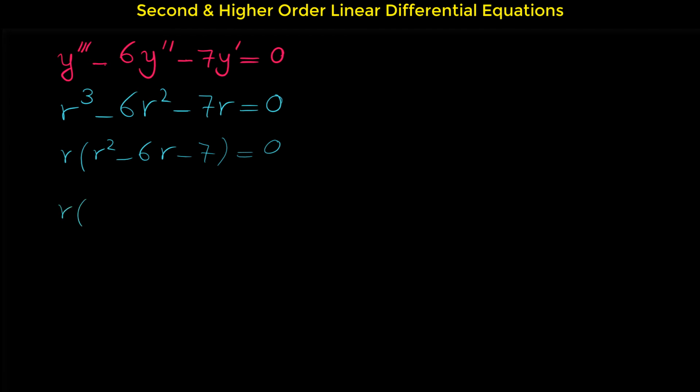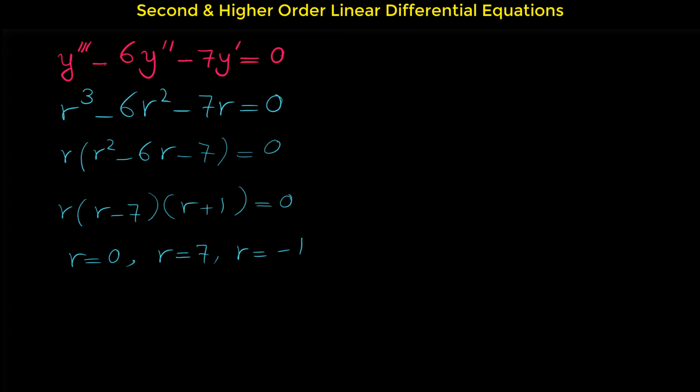Now we can factor this quadratic expression simply as r minus 7 times r plus 1. Or you can use the quadratic formula for solving this quadratic equation. Now if we set this equal to 0, we have three distinct roots. r is 0, one root, r is 7, other root, and the third root is negative 1.